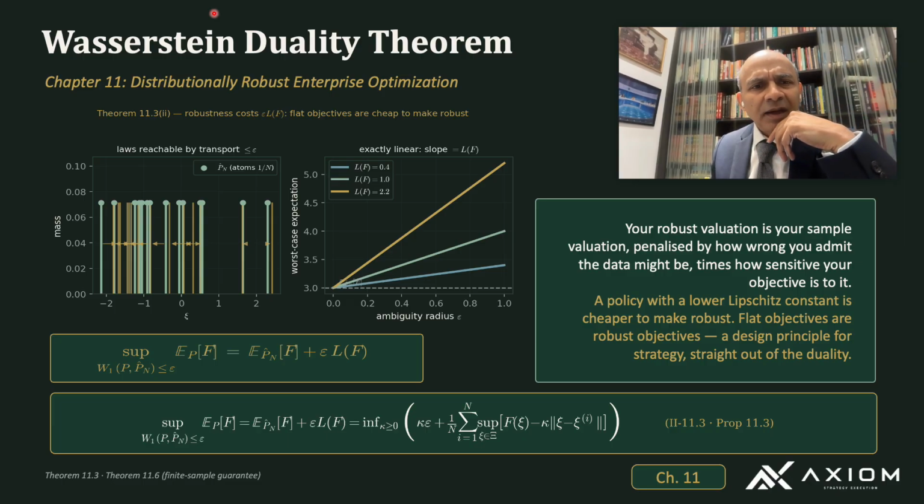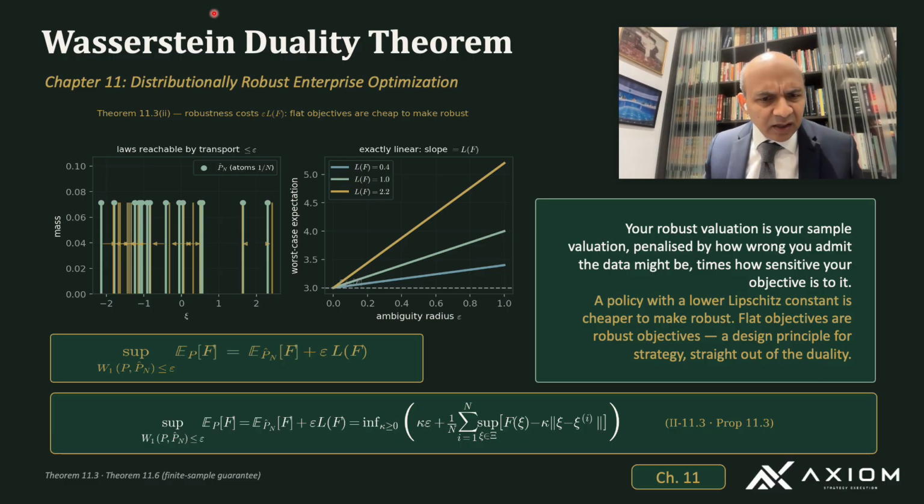The Wasserstein robust enterprise decision comes with a finite sample out-of-sample performance guarantee with confidence 1 minus beta. And under Lipschitz regularity, that guarantee becomes asymptotically exact as the sample size grows.